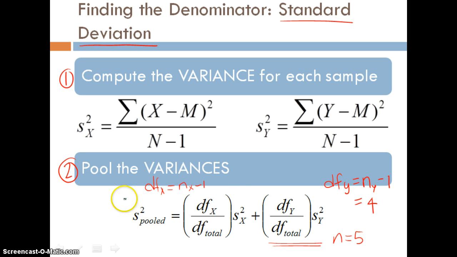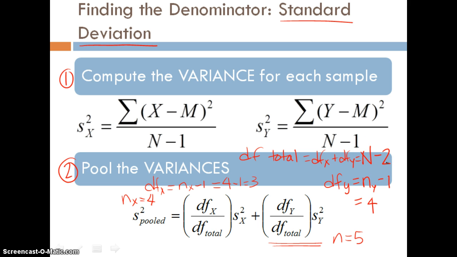And in this case, we had an n of x of 4, so we have 4 minus 1 equals 3. The total degrees of freedom is the sum of the degrees of freedom x plus the degrees of freedom y, or if you did all the math, you could say capital N, which is the total number of participants, minus 2.